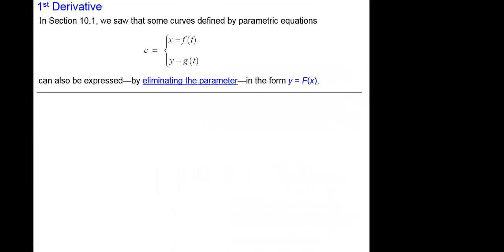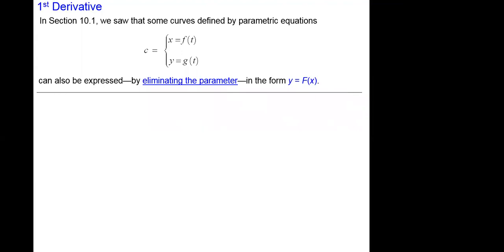And as I said, let's start with the first derivative. Having parametric equations, f of t and g of t, respectively for x and y. Okay? I will show you a few steps on how to get the derivative. Of course, we only have to know the final answer. But let's see how nice it is to have the step-by-step explanation.